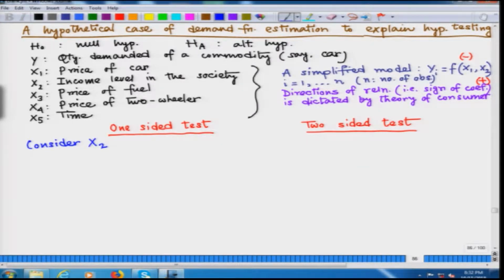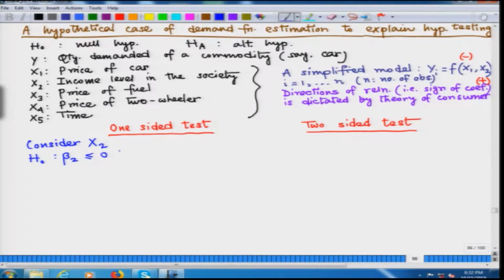Okay. So, in this case we can write the null hypothesis for one sided test as beta 2 less than or equal to 0.